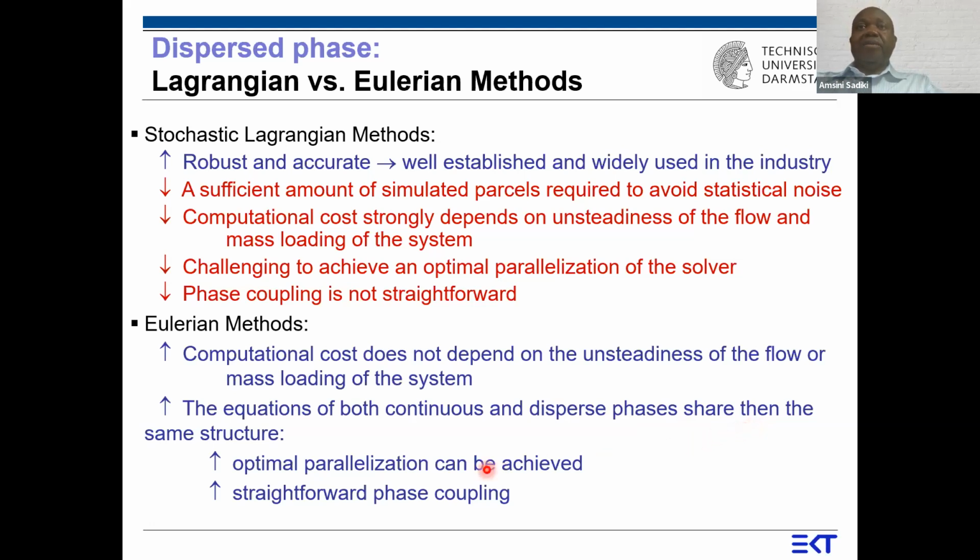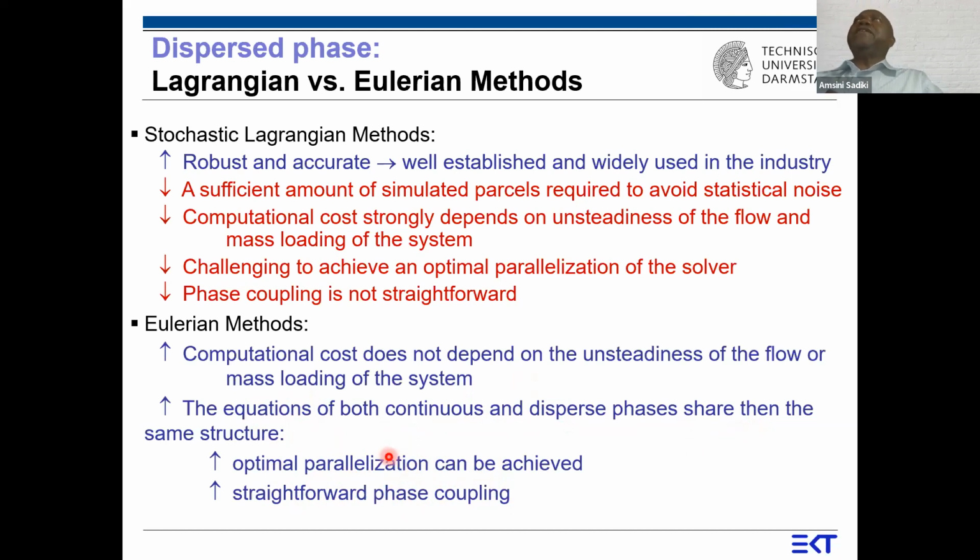We still have to introduce a lot of models, but the phase coupling is straightforward because we have the same structure. It is not a problem, and we can also realize an optimal parallelization. We did it, but it is not exactly what the theory said.